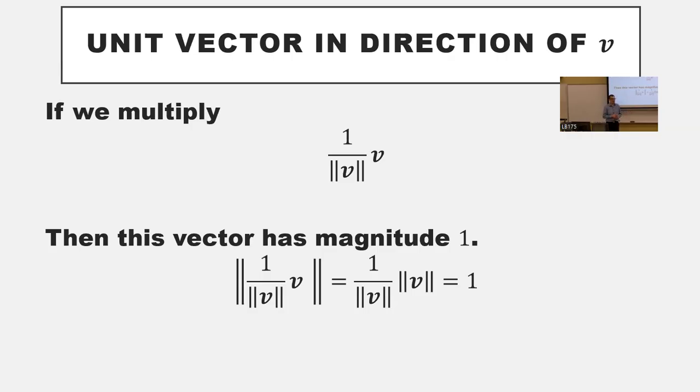Remember the note on scalar multiplication and how that affects magnitude? Well, if I take the scalar 1 over the magnitude of v, multiply it times vector v, and then take the magnitude, it has to be 1 over the magnitude times the magnitude, which is just 1.